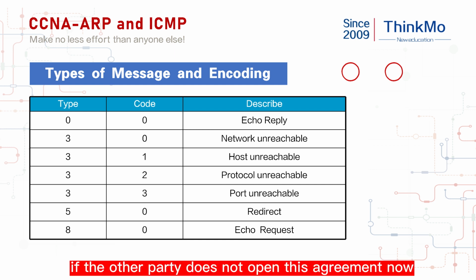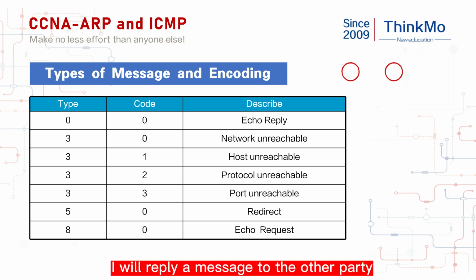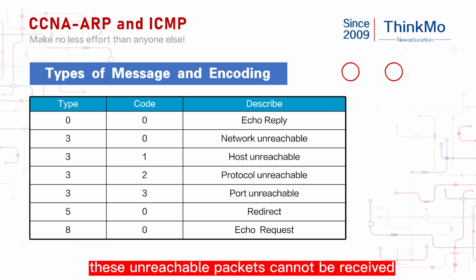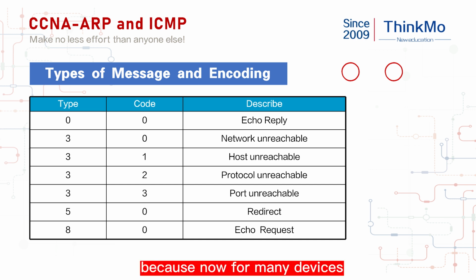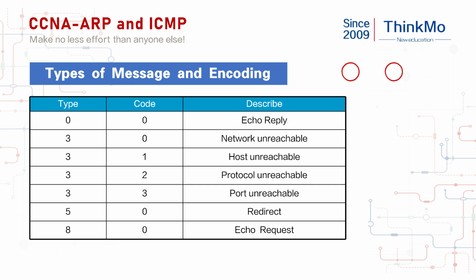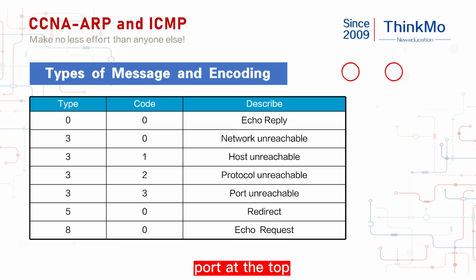If the other party does not open this protocol, the other party will reply a message: protocol unreachable. But usually, these unreachable packets cannot be received, because for many devices, by default, the ICMP error message reply is turned off. But in case the network goes down one day, according to these error codes you can do a corresponding investigation. Port unreachable is next.